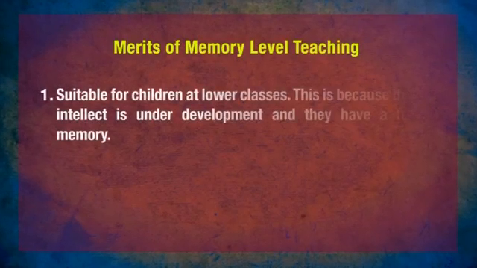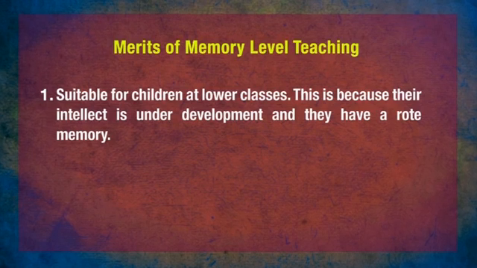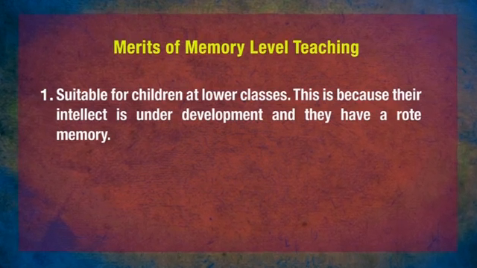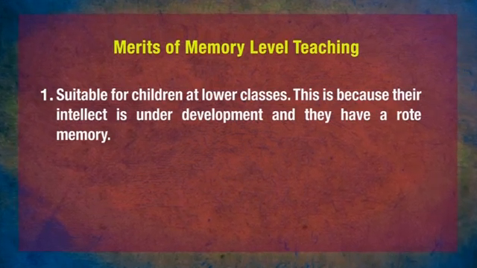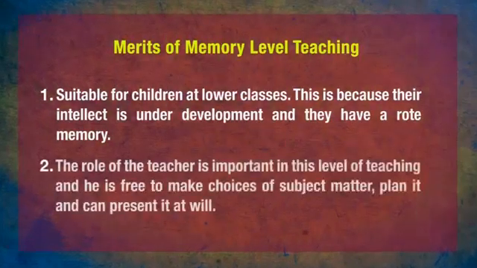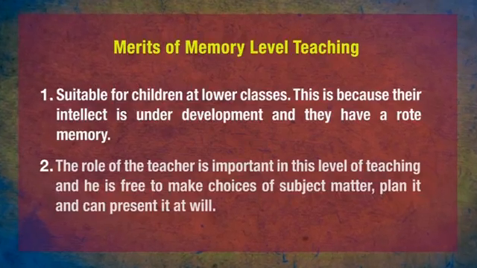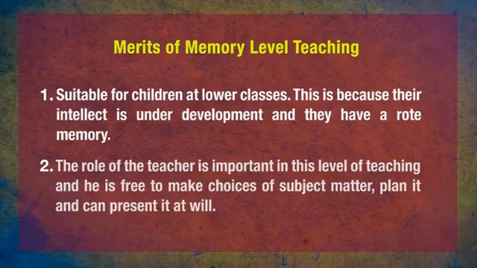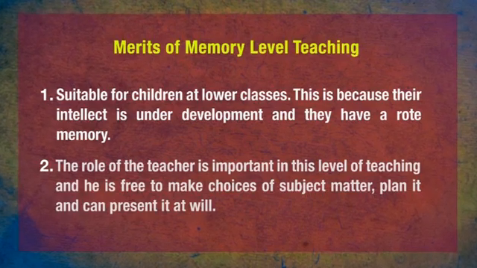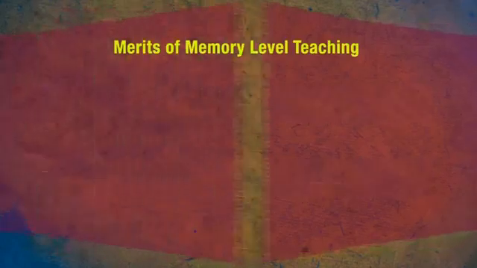Number 1. Suitable for children at lower classes. This is because their intellect is under development and they have rote memory. Number 2. The role of the teacher is important in this level of teaching, and he is free to make choices of subject matter, plan it, and present it at will. Number 3.